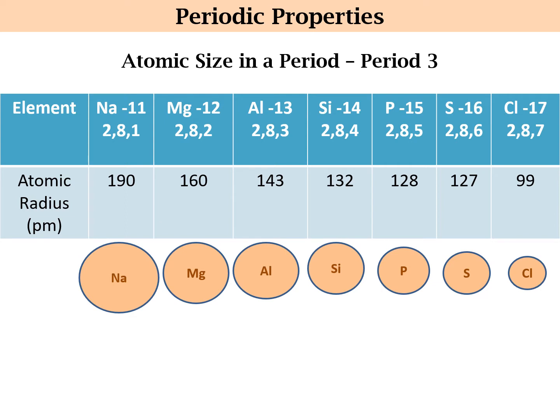So as the number of electrons in the valence shell increases by 1, so does the number of positive charges inside the nucleus of the atom. So what is observed is that as the positive charge inside the nucleus goes on increasing, it exerts more and more force so as to hold the electrons in the valence shell.